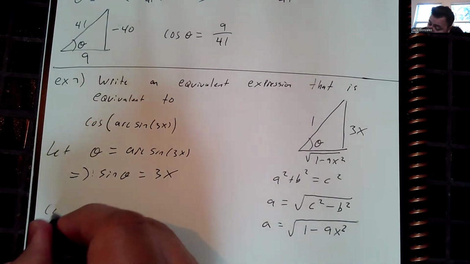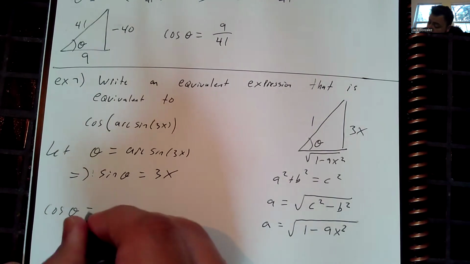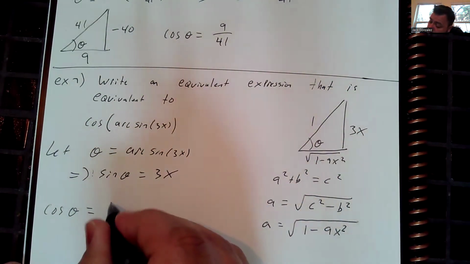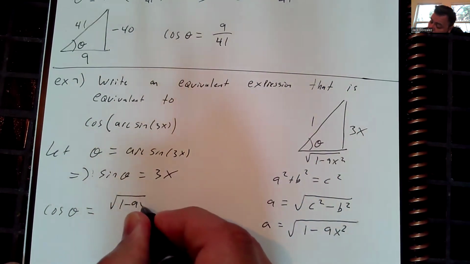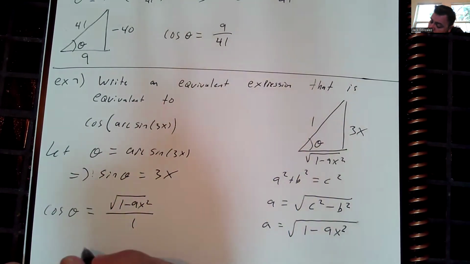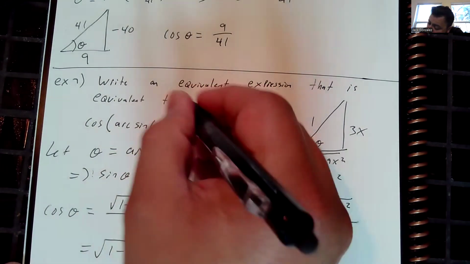So now cosine of this theta has to be the adjacent over hypotenuse, which is just this. So that's what they want here.